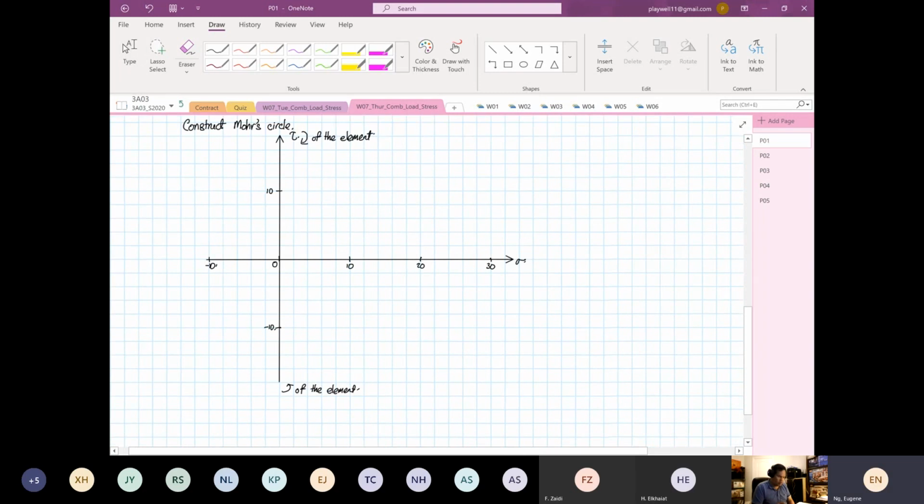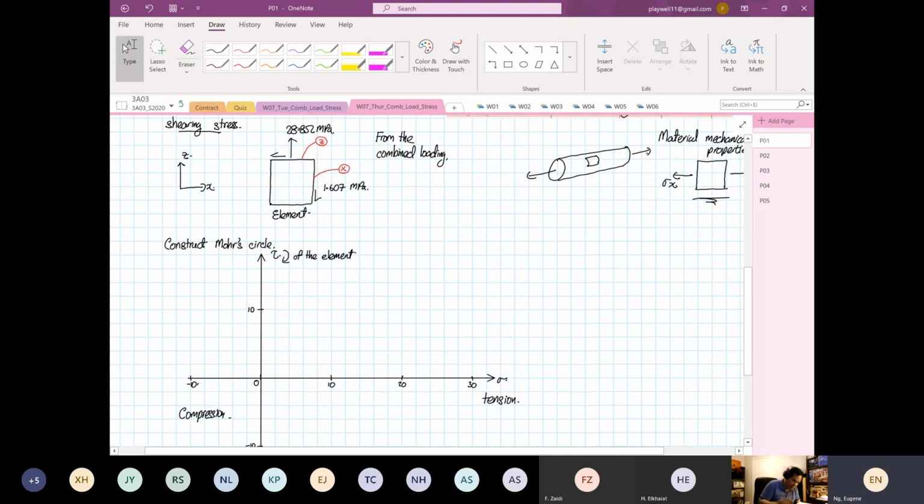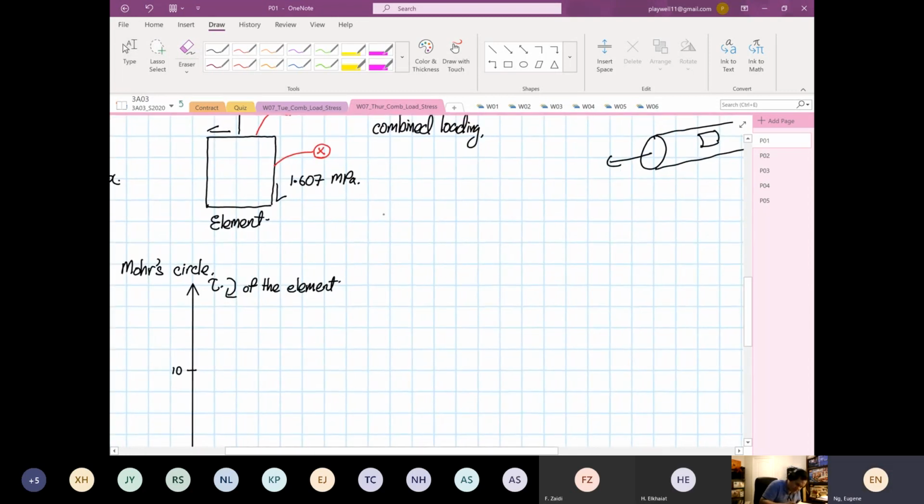On Mohr circle, the x-axis is your normal stress. Positive means it's going through tension. Negative means it's going through compression. Over here we can see that stress x is equal to 0. There's no stress acting in the x direction.